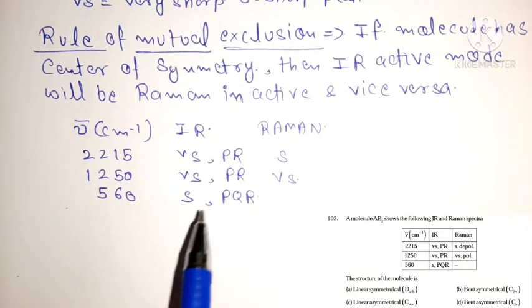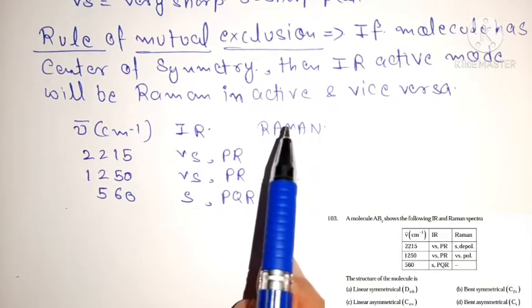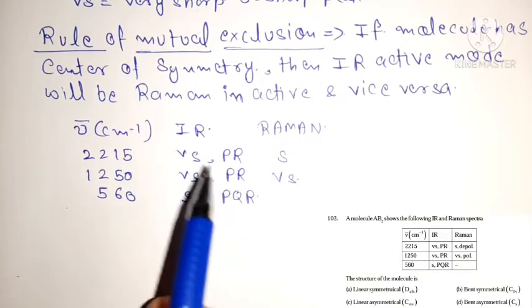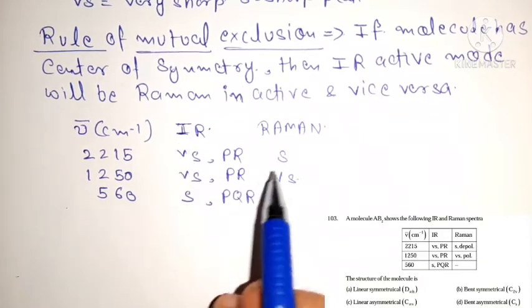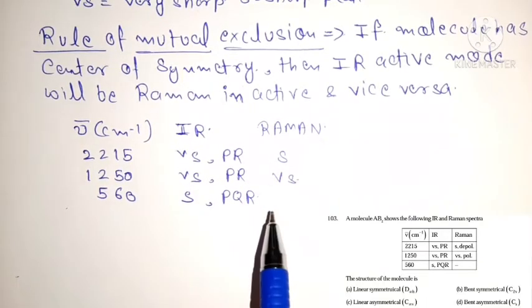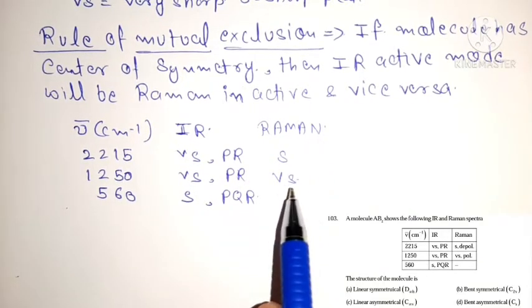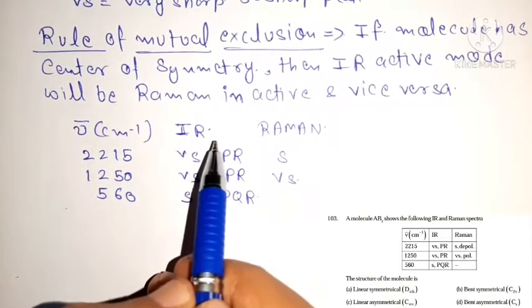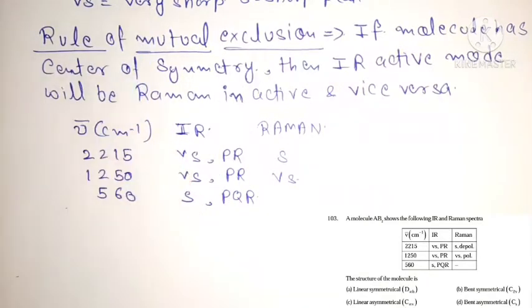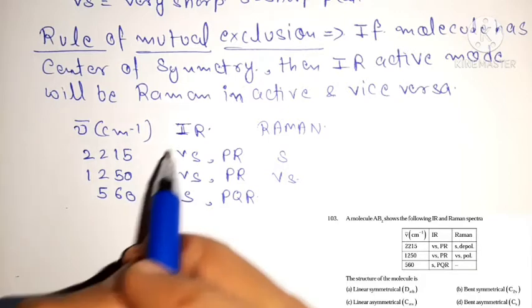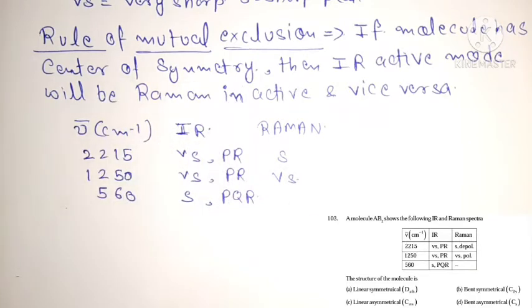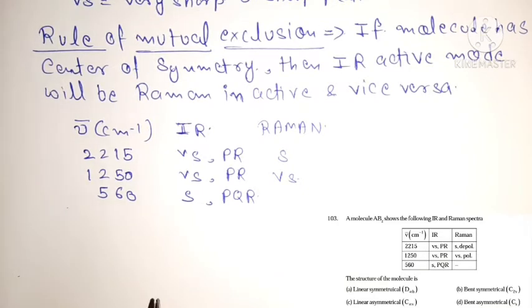So when you take that molecule as having a center of symmetry, when it shows an IR spectrum, it doesn't show a Raman spectrum, or when the molecule shows a Raman spectrum, it doesn't show an IR spectrum. If you consider AB2 with a center of symmetry, then it must follow the rule of mutual exclusion.